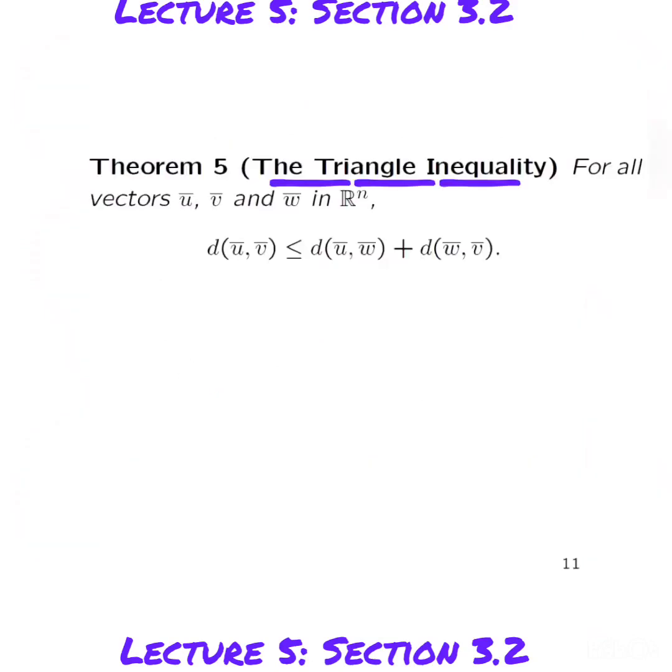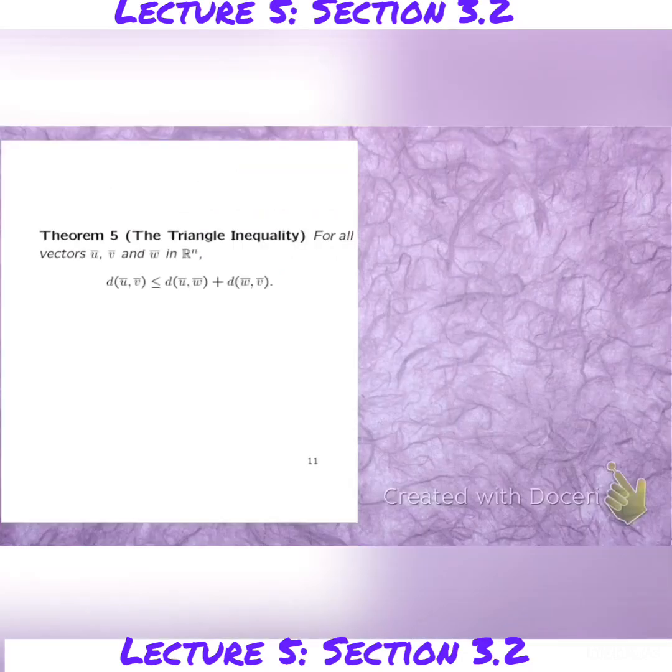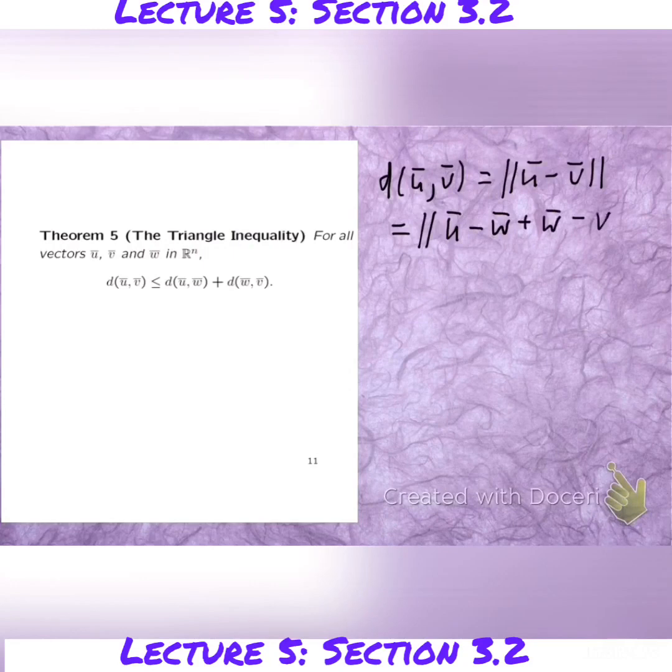All right, Theorem 5, the triangle inequality: for all vectors u, v, and w in Rn, that inequality holds. The distance between u and v is at most the distance between u and w plus the distance between w and v. It's not hard to prove. We know that the distance between u and v is the norm of the vector u minus v, okay? And that is equal to, what you can do is subtract the vector w and add the vector w without changing anything there.